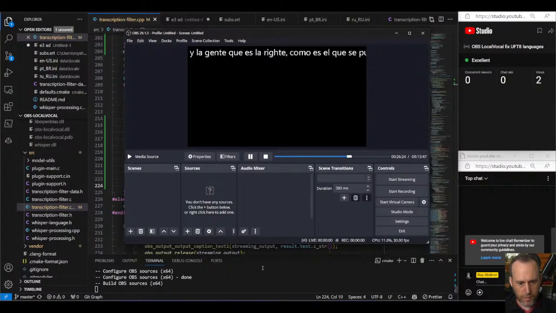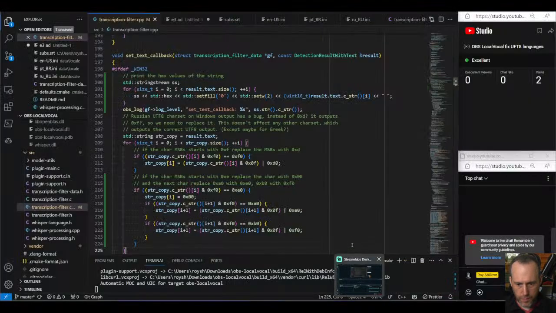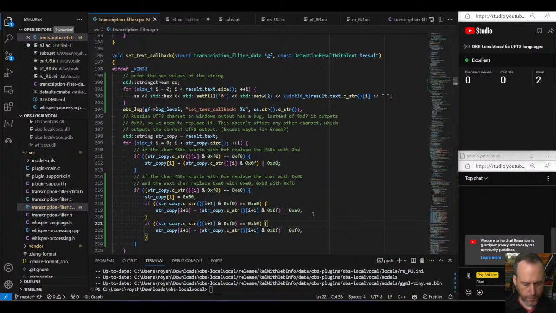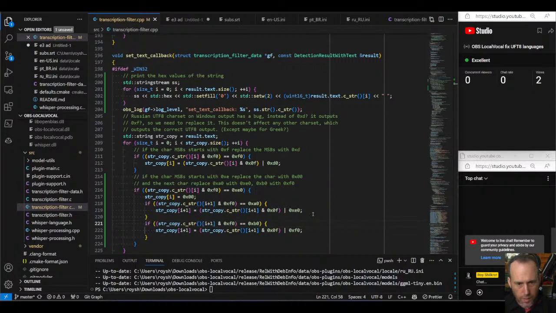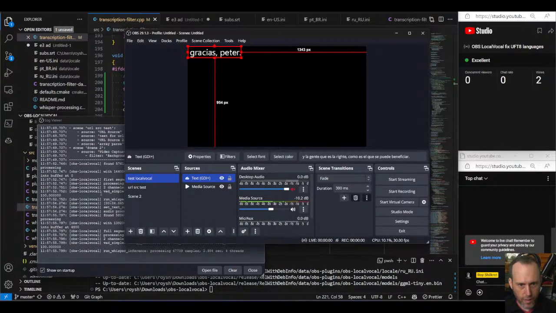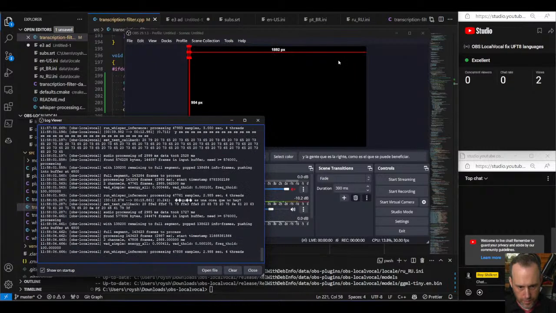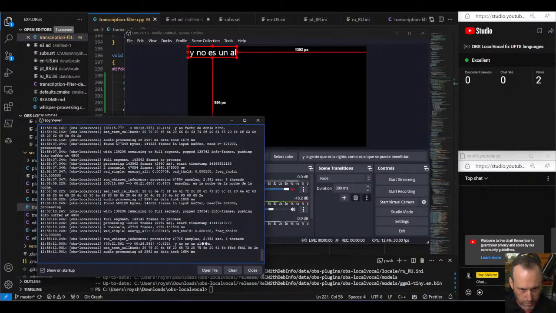Let's close OBS. Okay. Let's have a look at what this was able to do. Let's wait for something that has special characters. Ooh, it did, but it kind of just wrecked it.